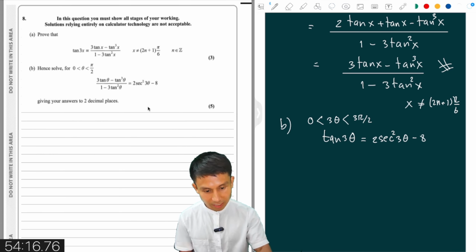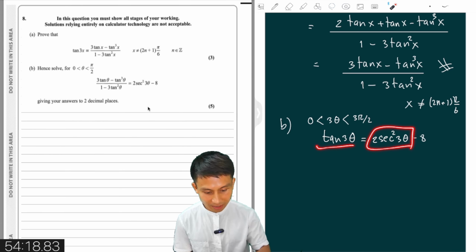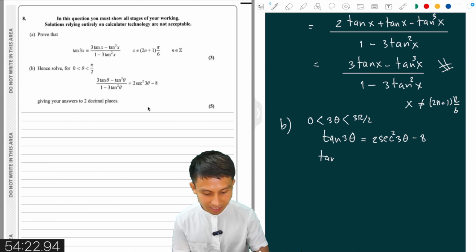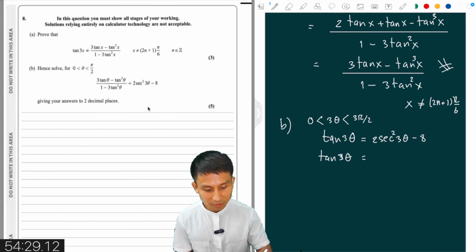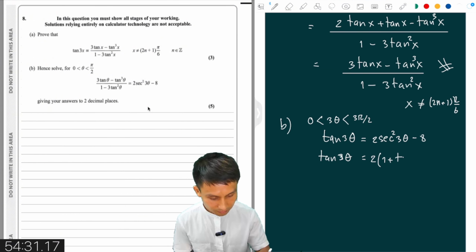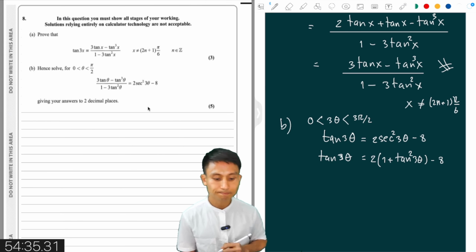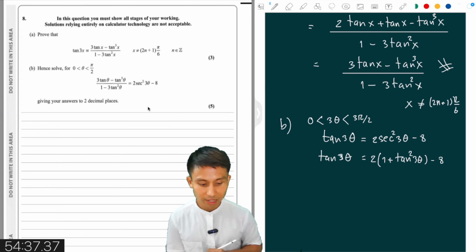Okay, so here we have a sec squared and a tan, so let's turn that into a tan using the identity. So sec squared is 1 plus tan squared, right? Like that. Yeah, I'm happy with that.